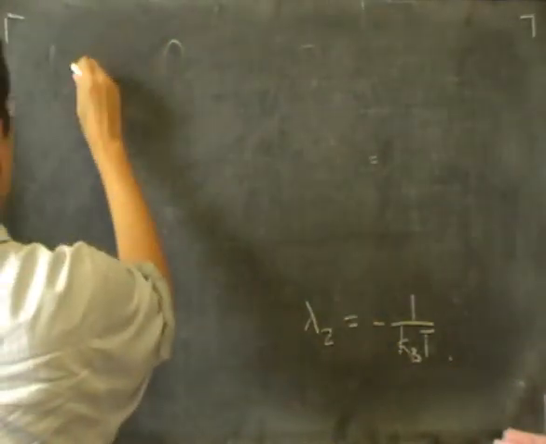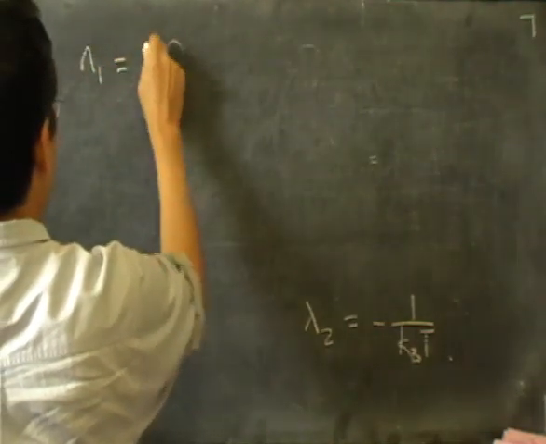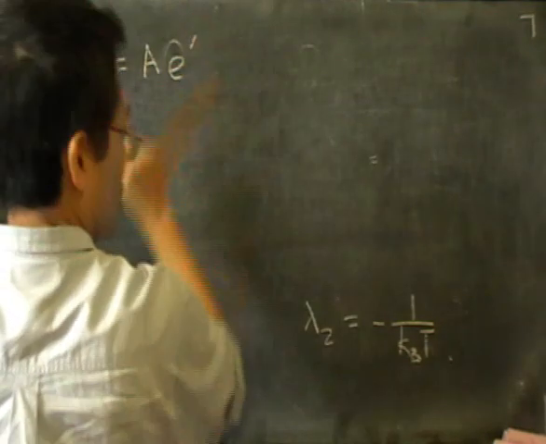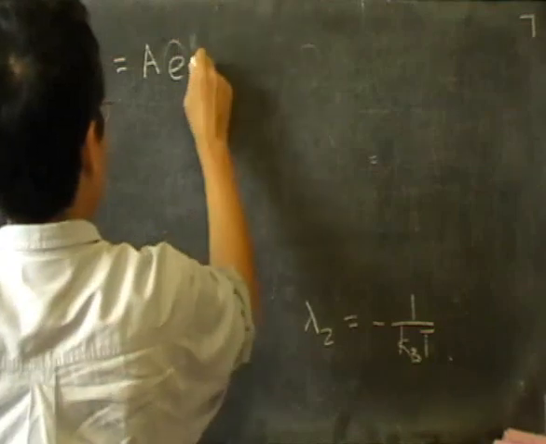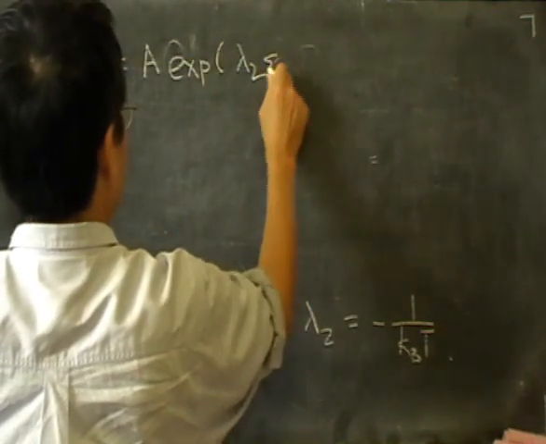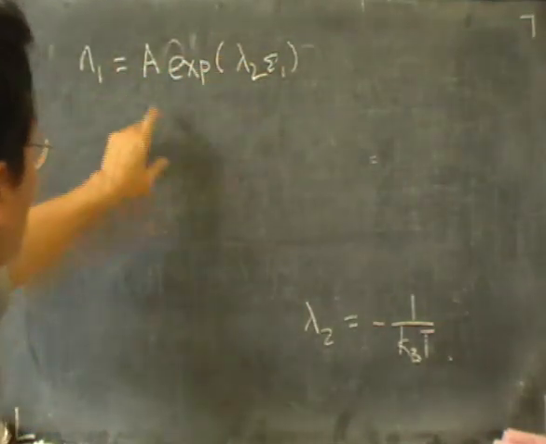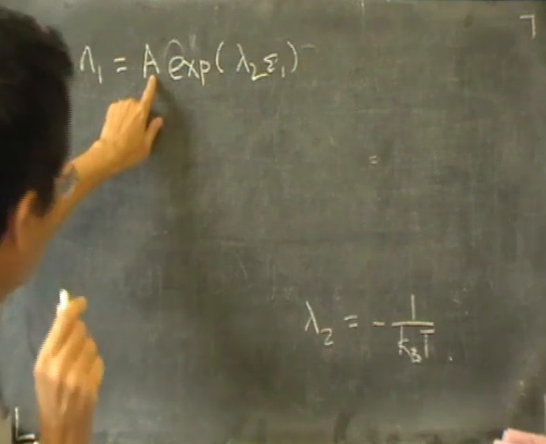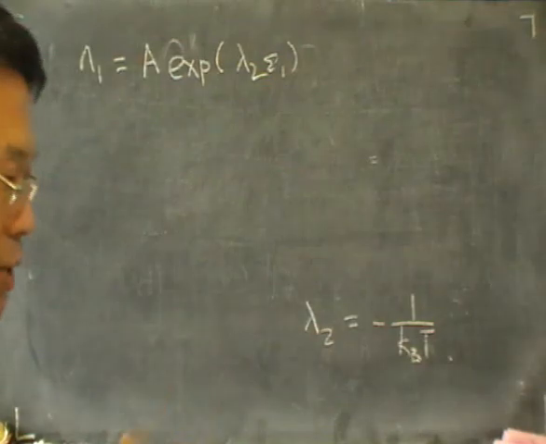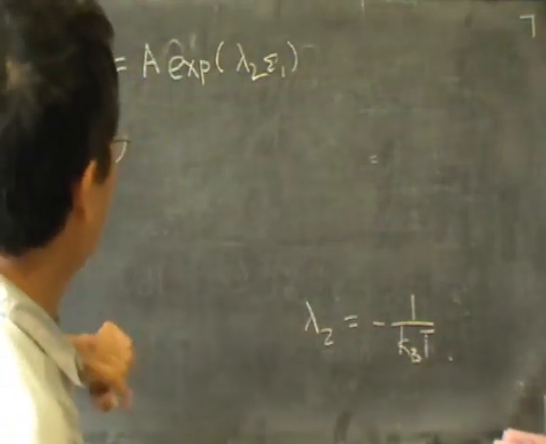What we have found was that n1 is equal to A exp lambda 2 epsilon 1. So we were here, and I've shown that we can solve for this unknown A by substituting into the expression for the total number of particles. So that was fine. A we can find.